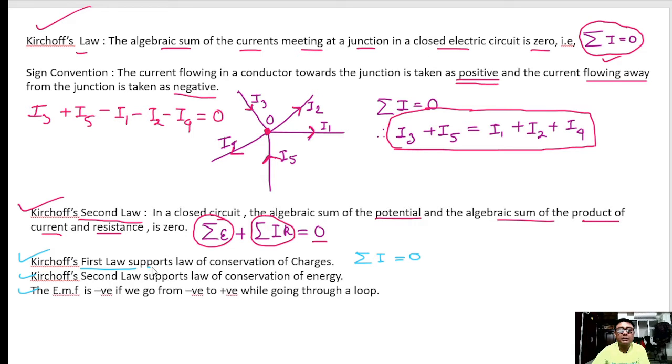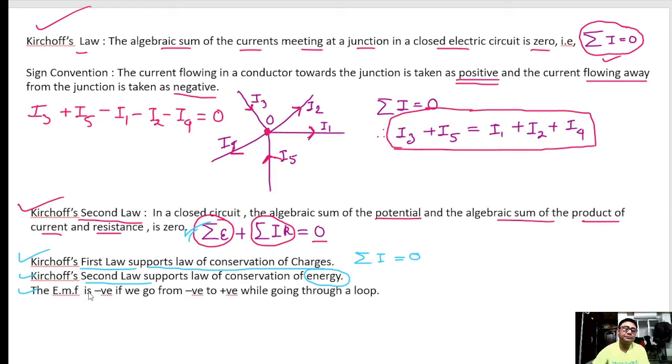Kirchhoff's first law supports the law of conservation of charges. Kirchhoff's second law supports the law of conservation of energy. So this is the second law. It supports the law of conservation of energy.